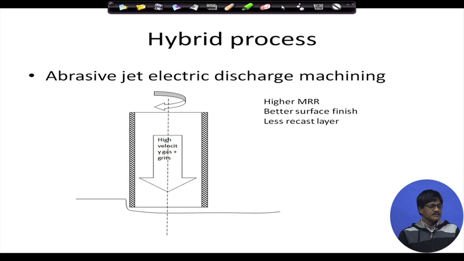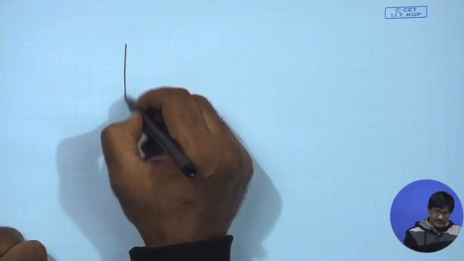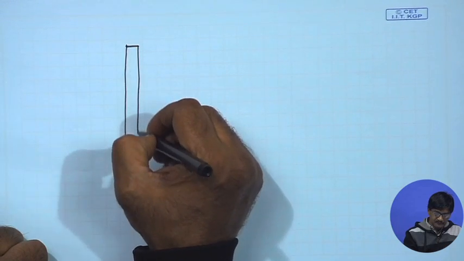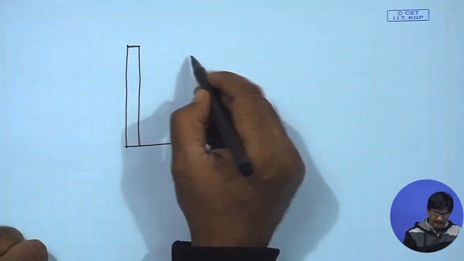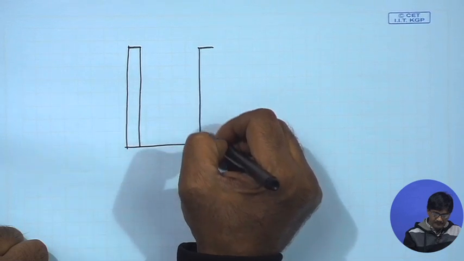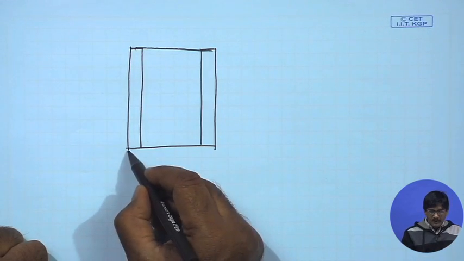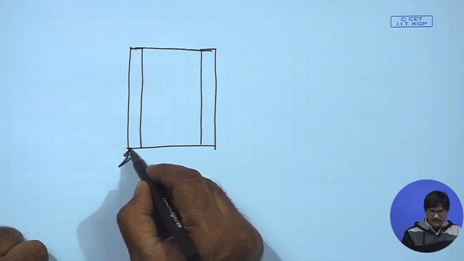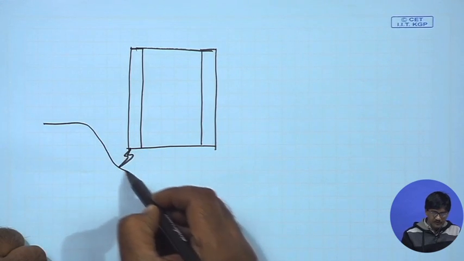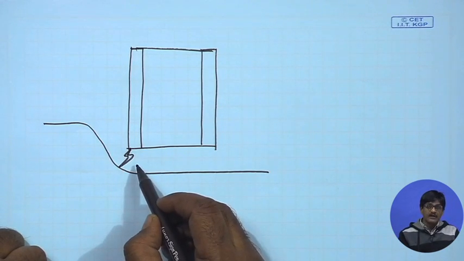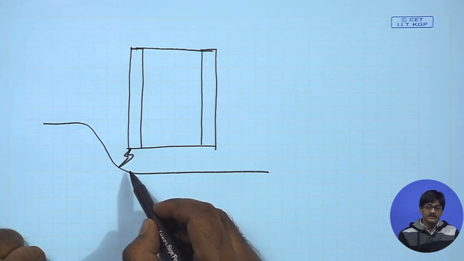So, coming back to this, if we draw a figure and have a look at what is going on in this particular process. This is the tool, and these are the sparks which are flying between the tool and the workpiece, and they remove material by EDM.